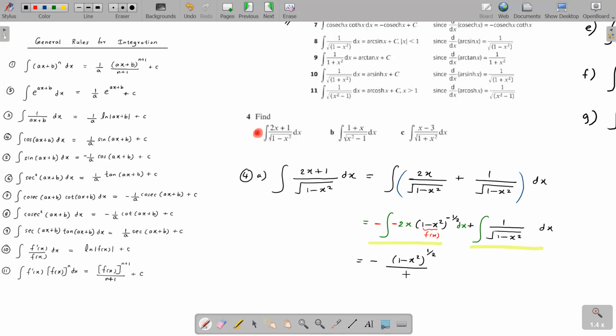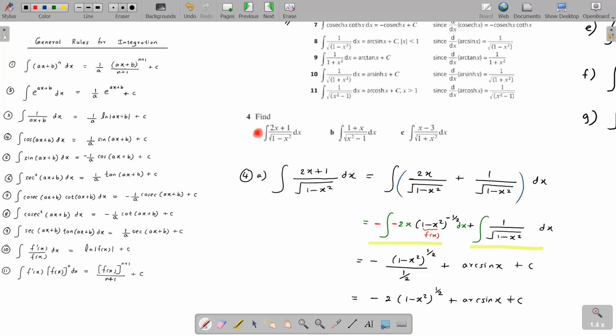Divide by n plus 1, half. Plus 1 over root 1 minus x squared is rule number 8. Rule number 8 is arc sine x plus c. So 1 over half means it's basically minus 2 times 1 minus x squared to the power half plus arc sine x plus c.